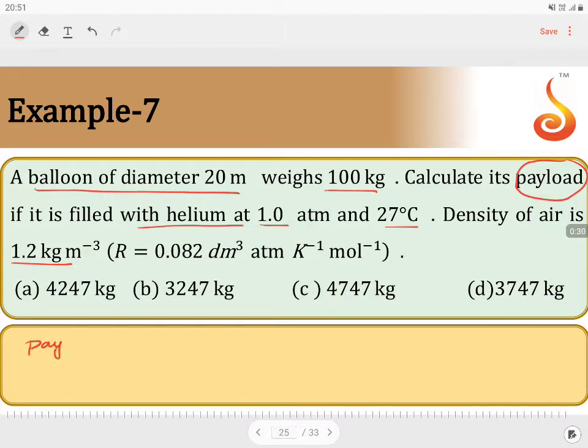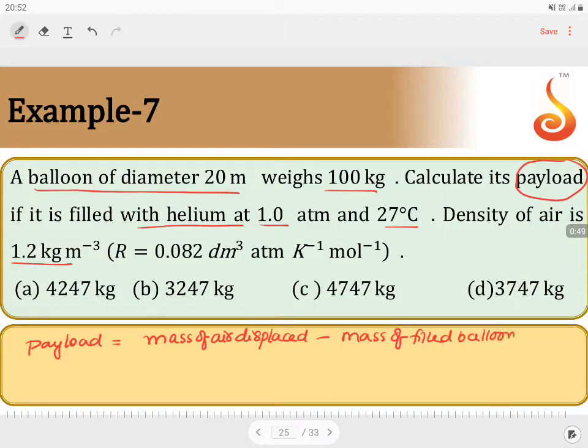We know the payload is given as the difference in the mass. This is the mass of air displaced minus mass of filled balloon. So how am I going to take the mass of filled balloon?